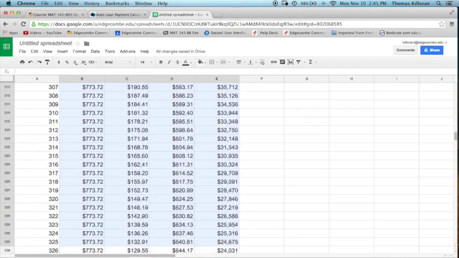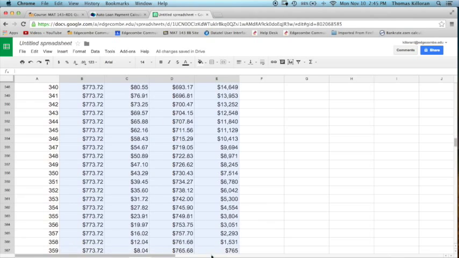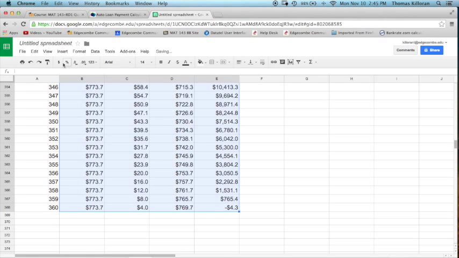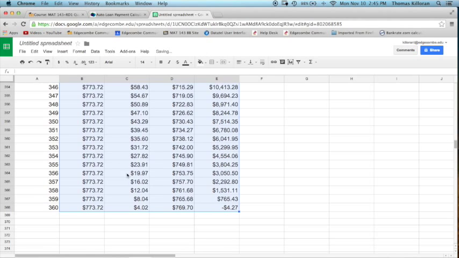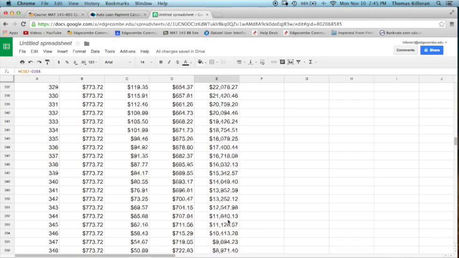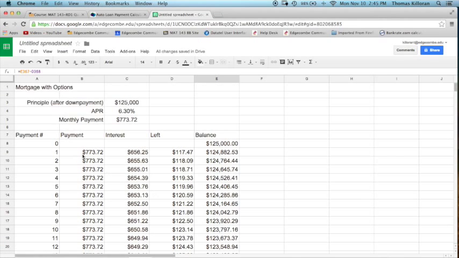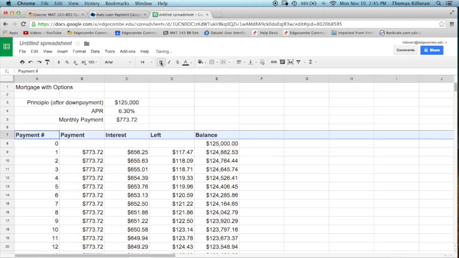The far right column doesn't seem to be working right, so I'll get 2 decimals out of this. Let's just change it all to money. There we go. Alright, so this last one, we actually overpaid $4.27. That's okay. You know, the bank will pay you back after all of those payments. Alright, so now that we have it set up, we can actually start asking questions about this spreadsheet.